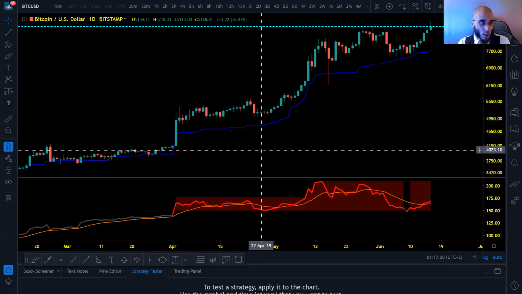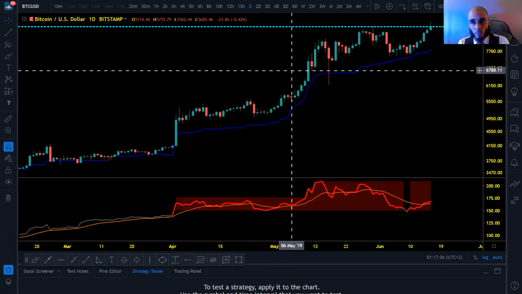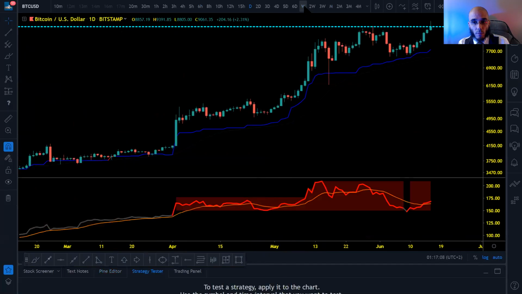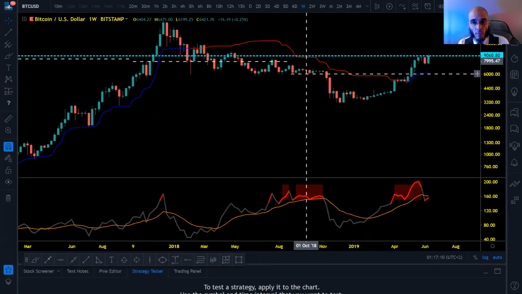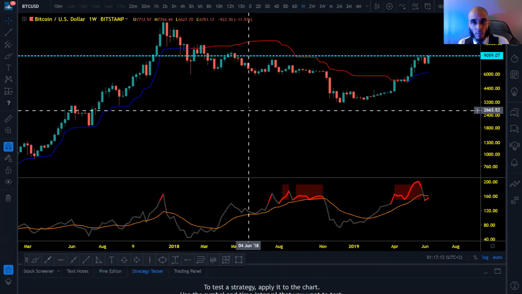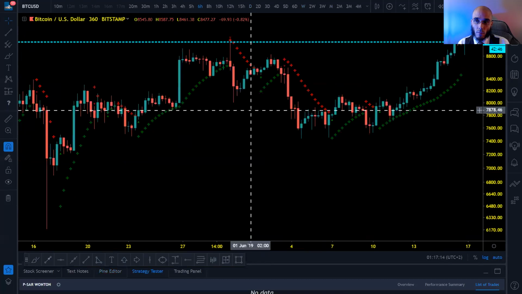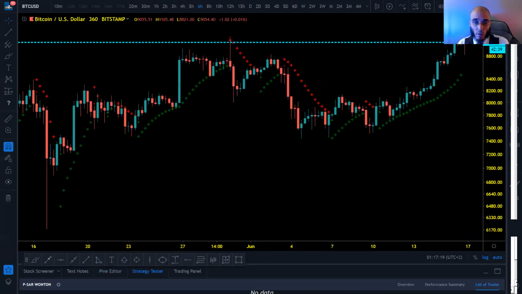And if we take a look at Oscar and NVT, NVT is still red and Oscar is positive. It's always positive, so everything else will be positive.